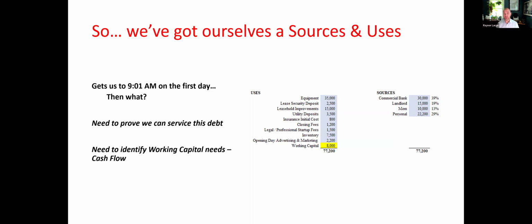Or you don't manage to cover your payroll, are you still in business, right? So instead of calling out specific expenses, once you hit that 9:01 a.m., it's all grouped together in working capital. In that cash flow projection, saying here's where cash comes in, here are all of my expenses, and here is my shortfall, kind of one period to the next.